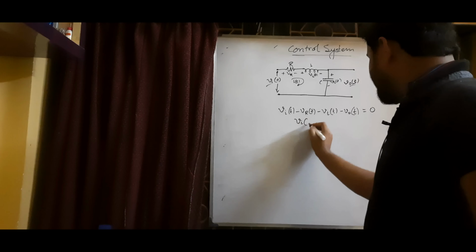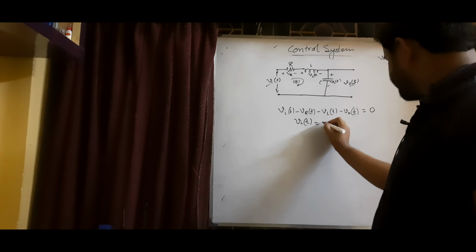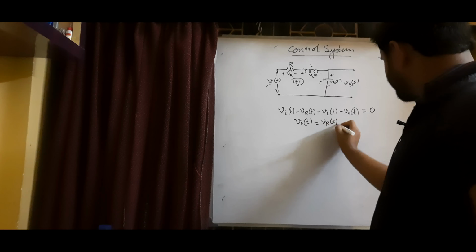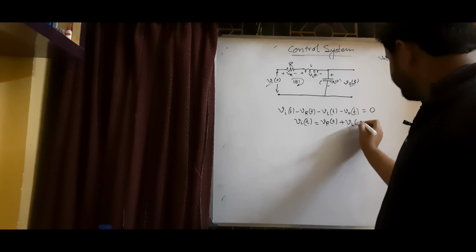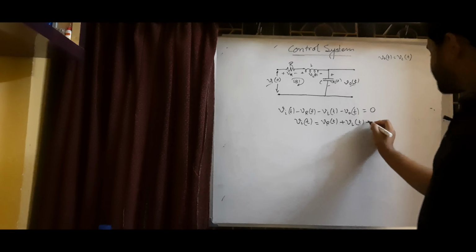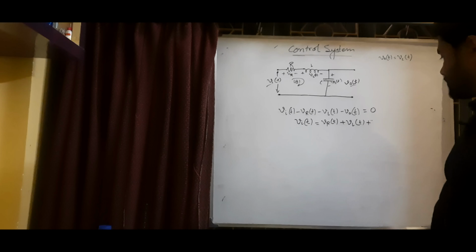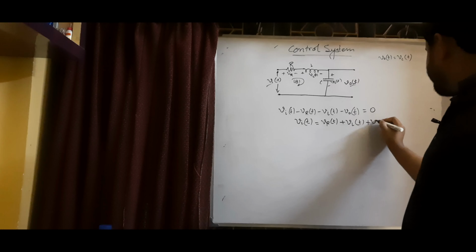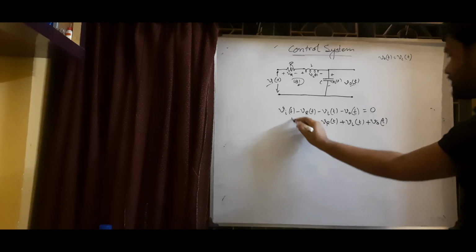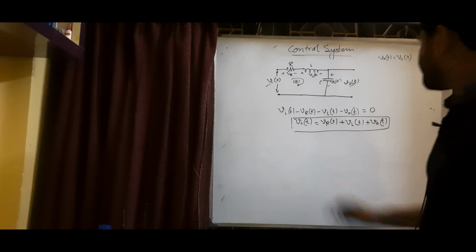I can write this as v_i(t) equals v_R(t) plus v_L(t) plus v_0(t). Let's put it in this form.